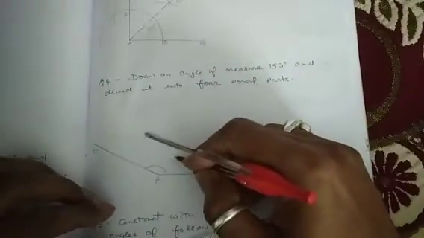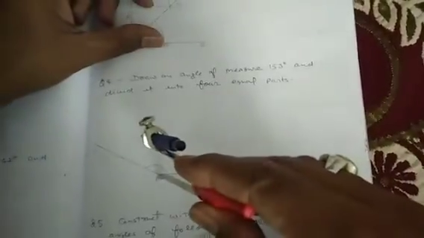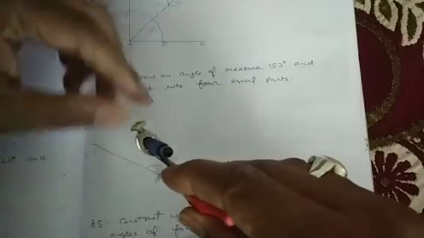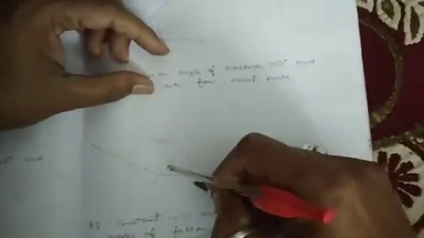Now angle BAC is 153 degrees. Now take any radius and cut an arc, cutting AB and AC at points D and E.